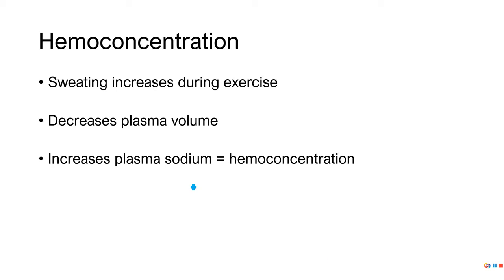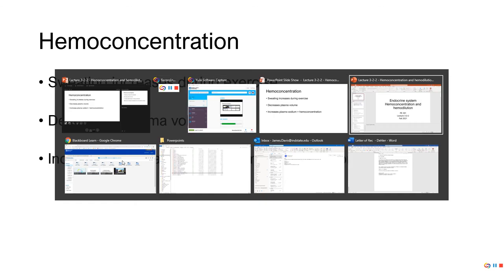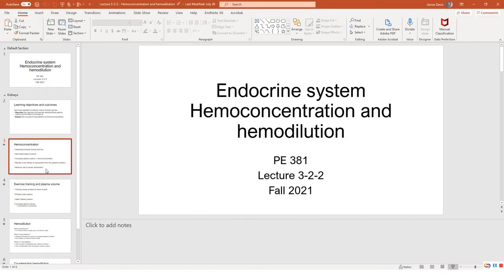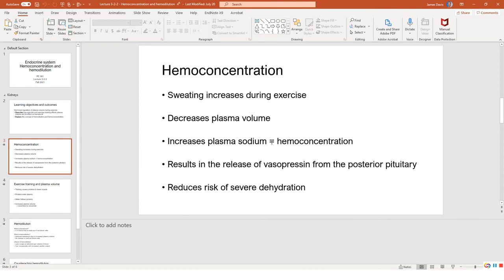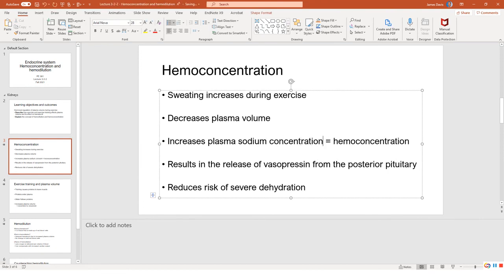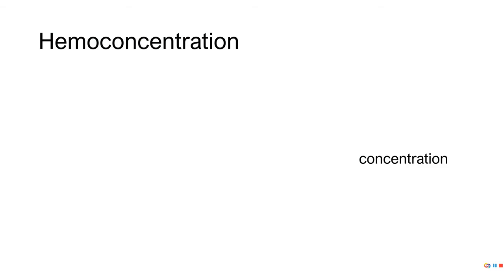So this is concentration. It's important to remember that. I'm sorry that this word isn't on there, but we refer to this as hemoconcentration. And I'm actually going to change this while we're here. So concentration, right? You didn't know that could happen, but there you go.